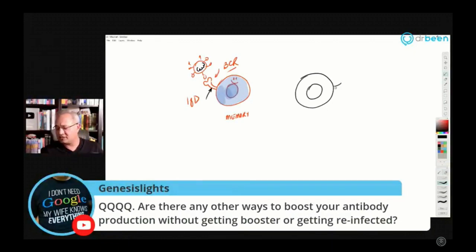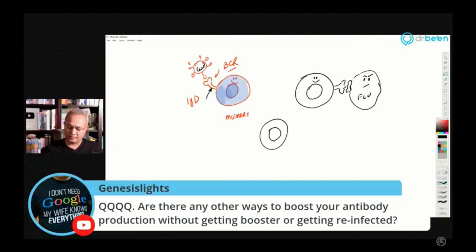This B cell, let's say, is a little different, and it knows how to connect with, let's say, flu virus, and how to take care of the flu virus. And then there is another B cell. I just want to make some B cells. This B cell is, let's say, able to connect with something else. Let's say common cold, rhinovirus.